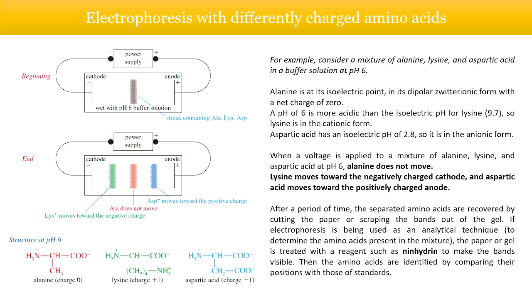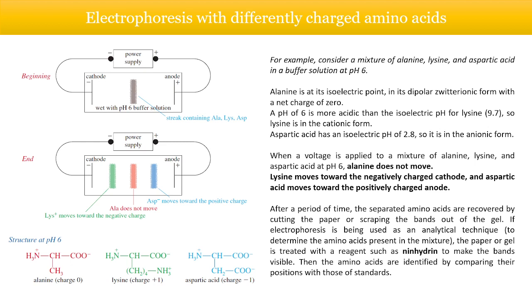Whereas when the pH is less than the pI, for lysine the pI is 9, or 9.7, and we are putting it in a buffer of pH 6, the pI has to come down to reach the pH of 6, and on coming down it attains a positive charge.